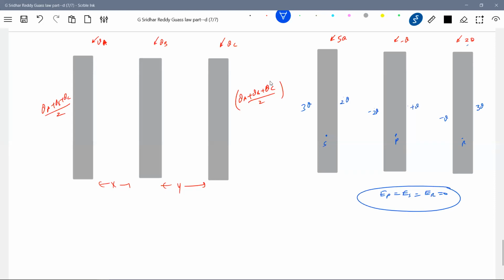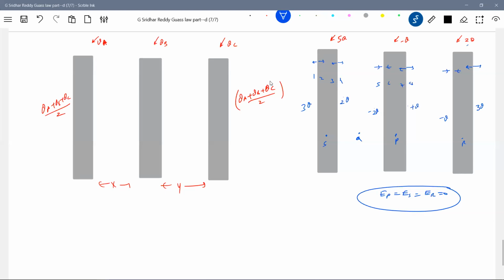Can we calculate the potential difference between plates? Yes, I'll calculate the field. How to calculate the field? Again, I think you're going to invite big trouble. It is like this. And the field at A, all will contribute: 1, 2, 3.